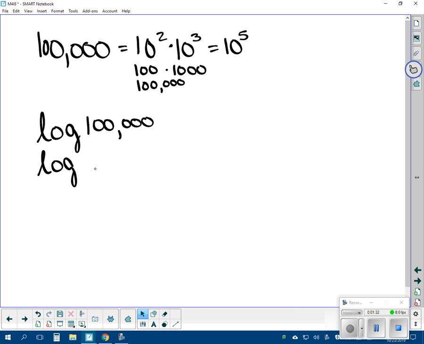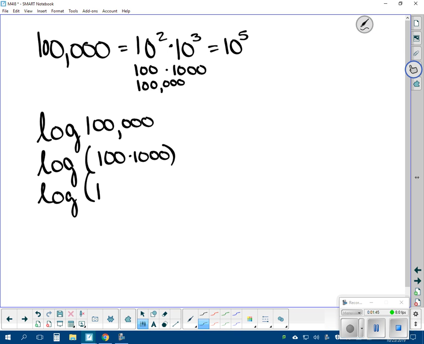Couldn't I rewrite this as log of 100 times 1,000? I can replace the 100,000 with 100 times 1,000. So I could rewrite this as log of 10 squared times 10 cubed. Nothing wrong with that, right? That's all equivalent.